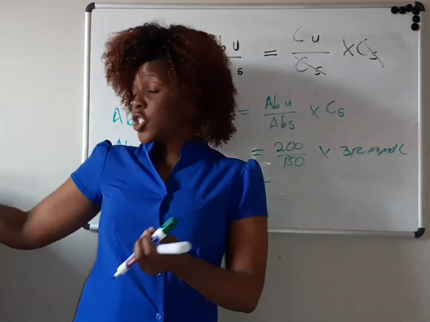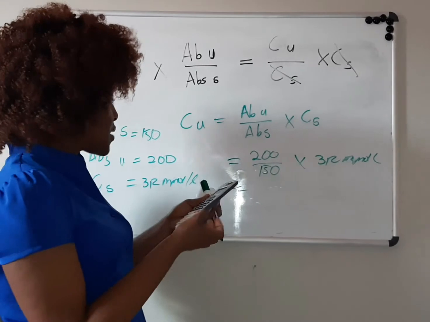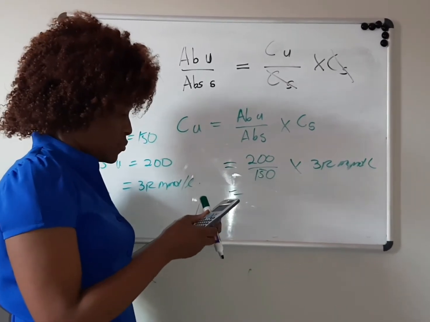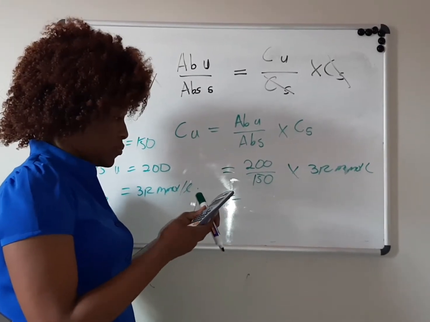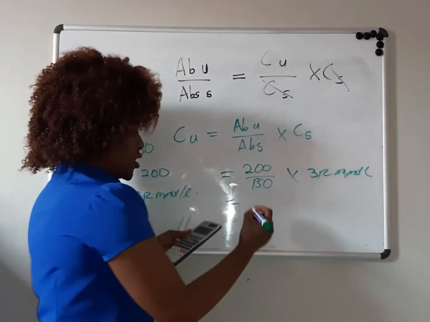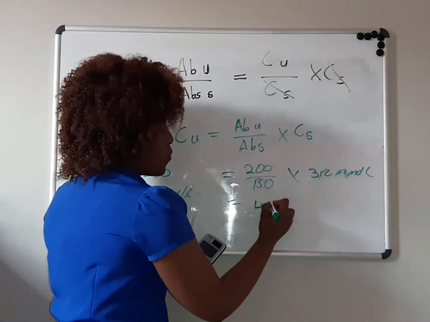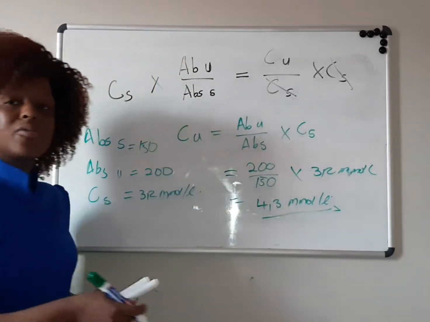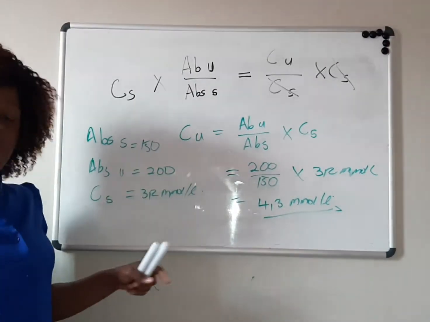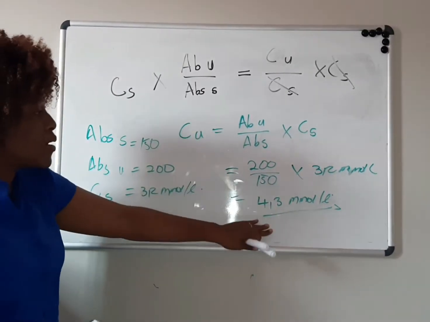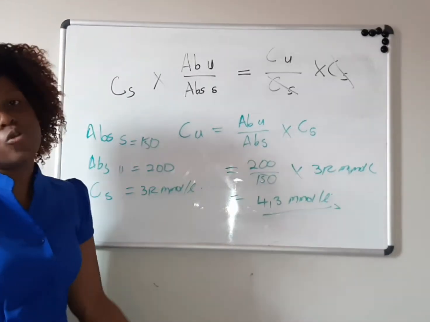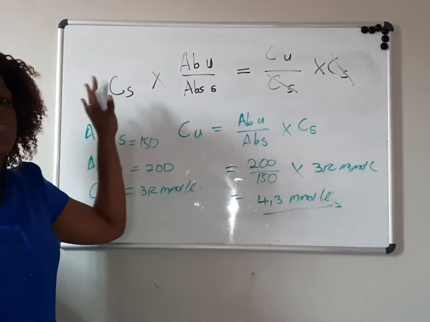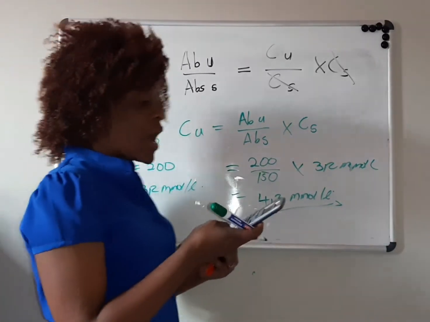Then you just punch this into your calculator as it is, which gives us the value of 4.3 millimoles per liter. So whatever analyte you were calculating, let's say we were calculating calcium, it means calcium in this patient sample is 4.3 millimoles per liter. So this is one way of using Beer's law to get the concentration of an analyte.